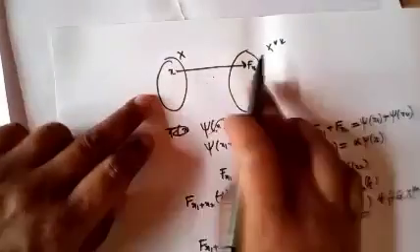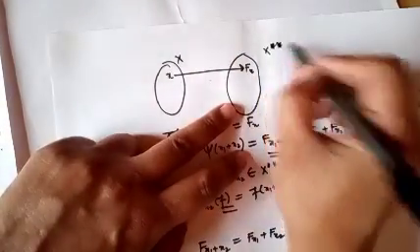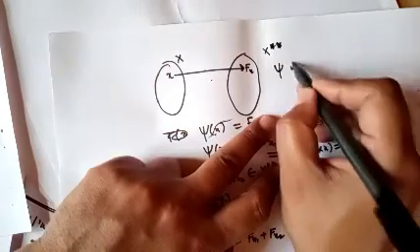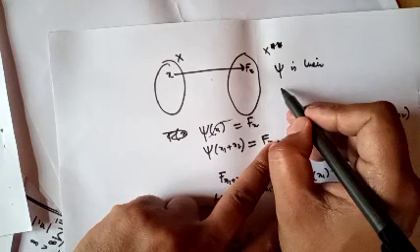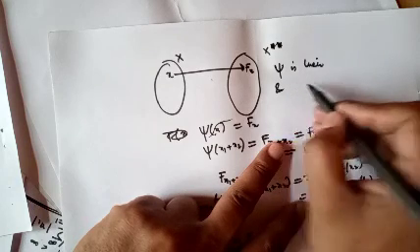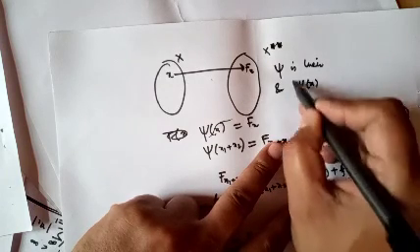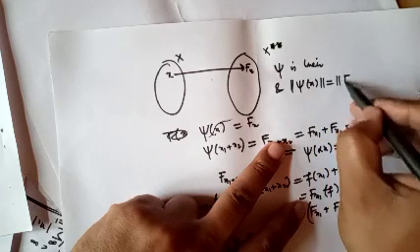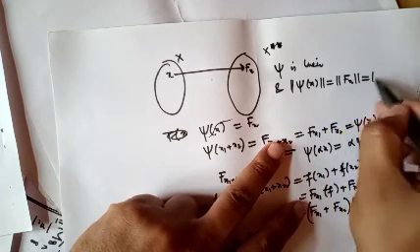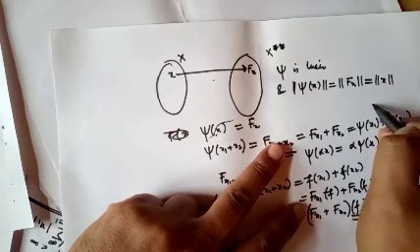That means this map from X into X double star, this psi, is linear, right? And of course the norm of psi of x is equal to the norm of f sub x, but we have already shown that that's equal to norm of x.